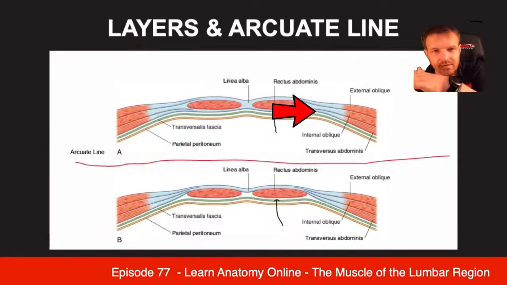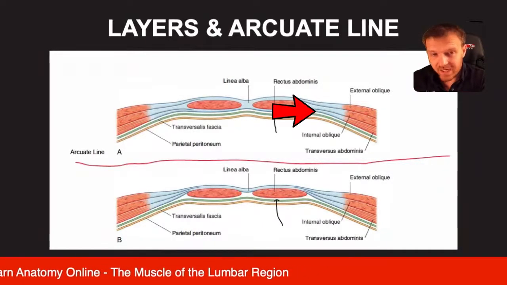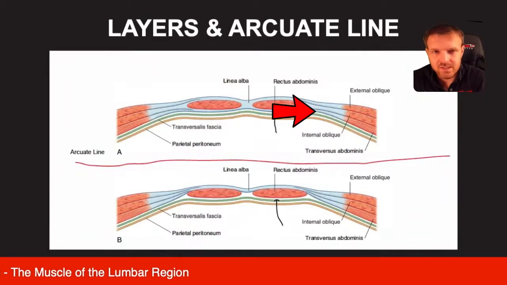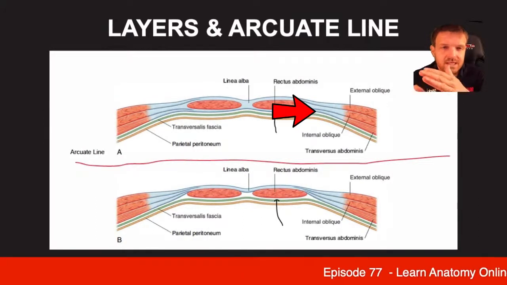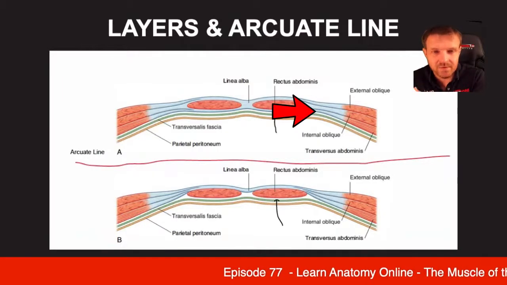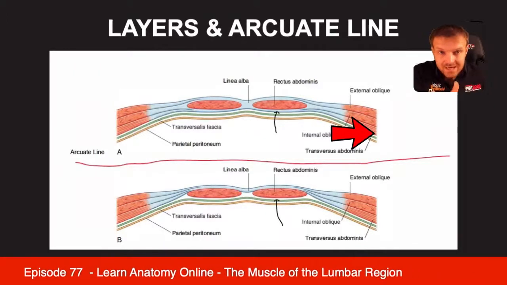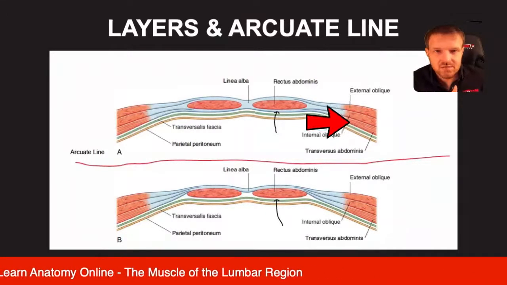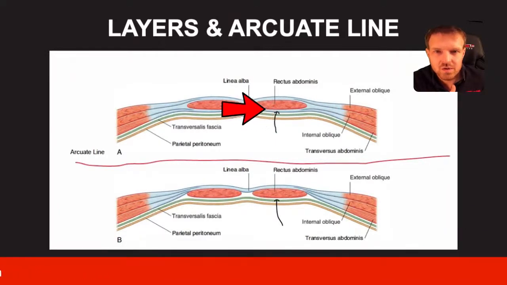Anything where it's a flat tendon has a different name, and it's called an aponeurosis. You might have heard of aponeurosis before, and when we did the inguinal canal last week, we mentioned that a few times. So a flat tendon is an aponeurosis. Where your innermost muscle is, the transverse abdominis, you've then got this flat tendon that wraps around your six-pack muscle.